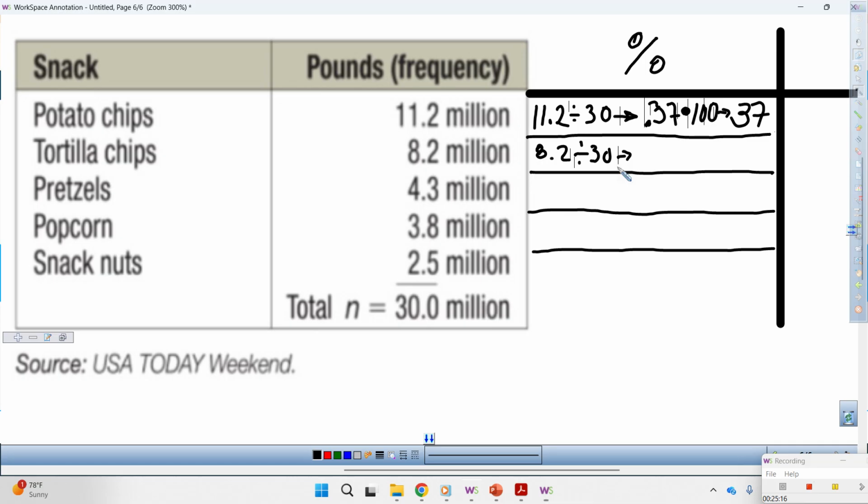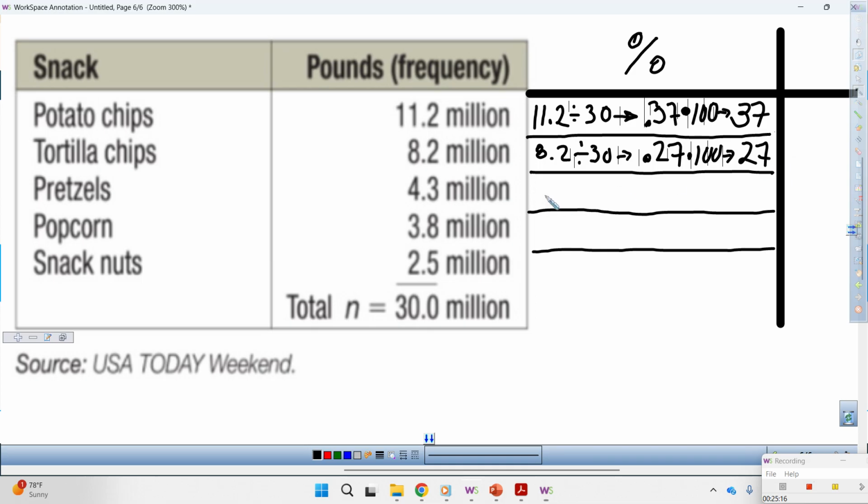What'd you get? What is it? 0.27 times 100. That gives us 27%.